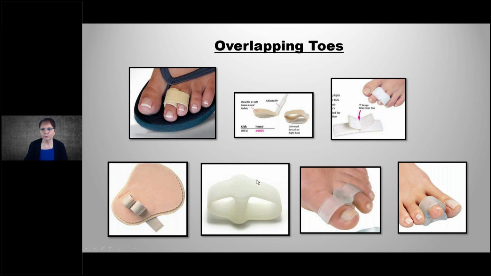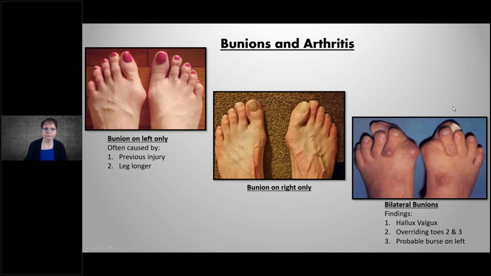It's just personal preference. Maybe it's easier to get on for them. Maybe it doesn't take up room in their shoe. Maybe, I don't know. But that's why you need to know different options, because overlapping toes can certainly be painful and can create enough rubbing that it can cause wounds as well. So lots of options to get those overlapping toes down.